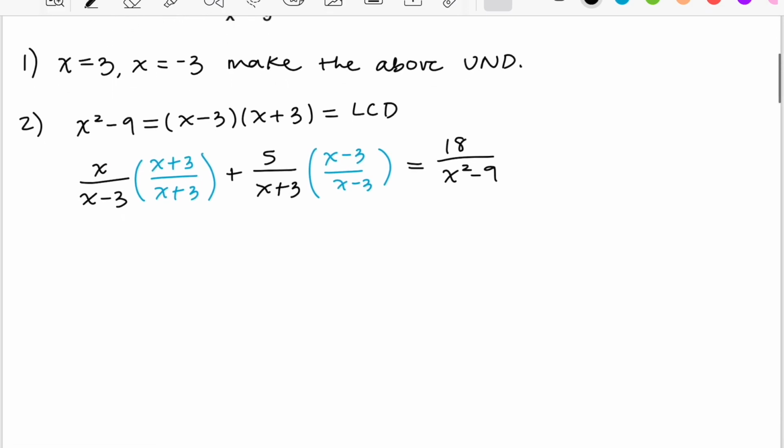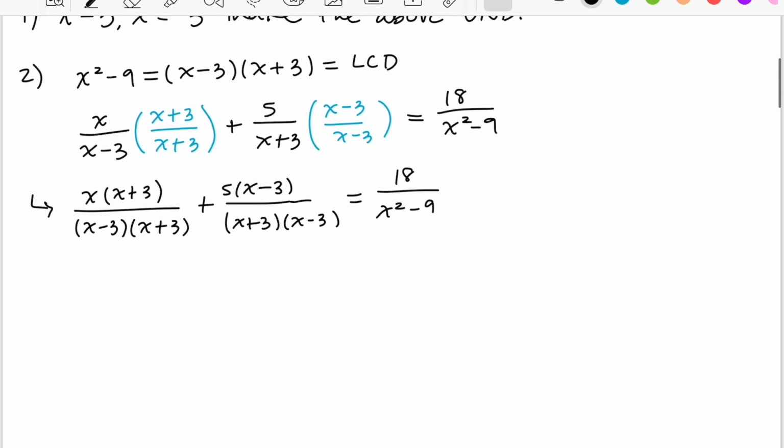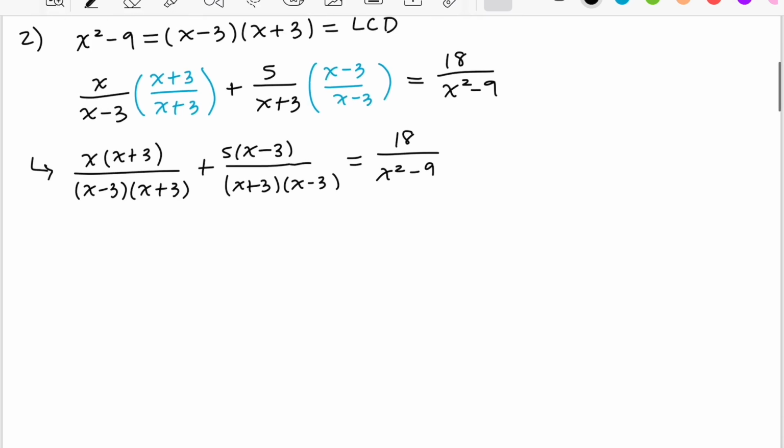Now, multiplying these, we're going to get x times x plus 3 over x minus 3 times x plus 3, plus 5 times x minus 3 over x plus 3 times x minus 3. And we still have 18 over x squared minus 9 on the right-hand side. Alright, so let's continue to multiply this.